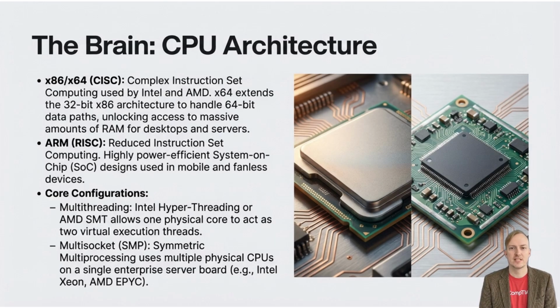To boost processing power, CPUs use multi-threading, like Intel's hyper-threading or AMD's SMT, to allow one physical core to act as two virtual execution threads. For massive enterprise servers, we use symmetric multiprocessing (SMP) to put multiple physical CPUs on a single board.